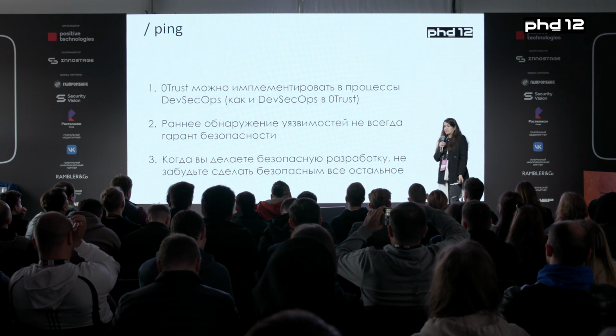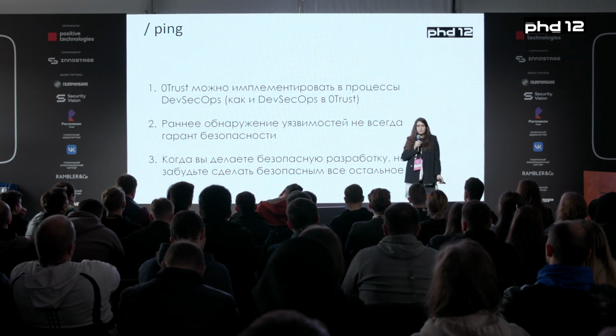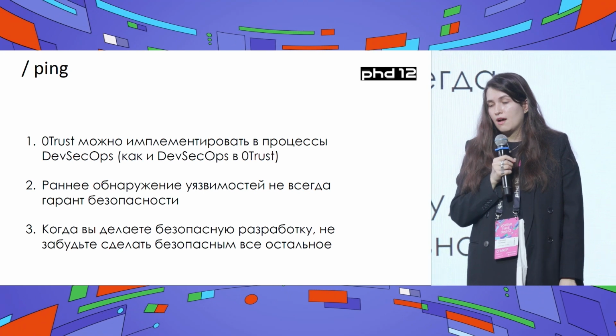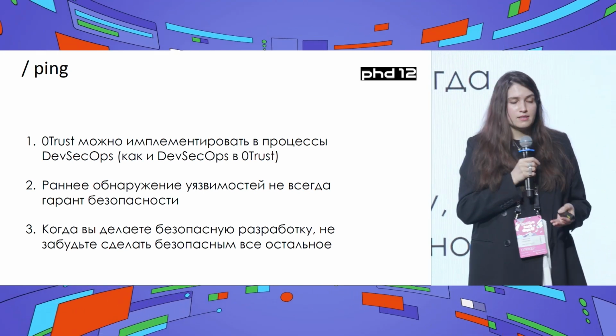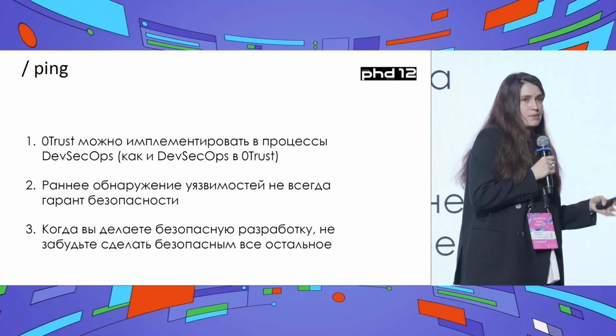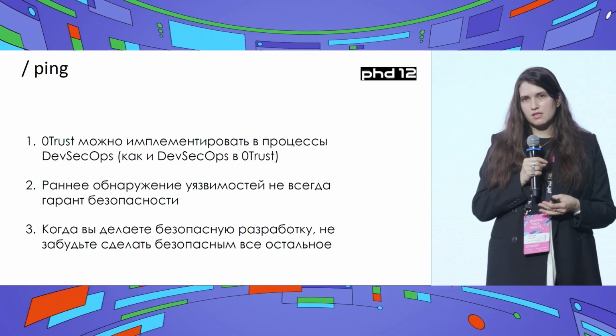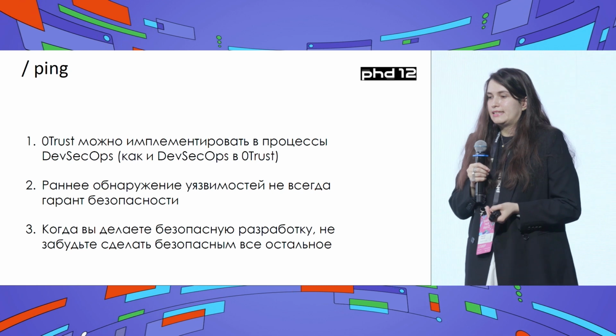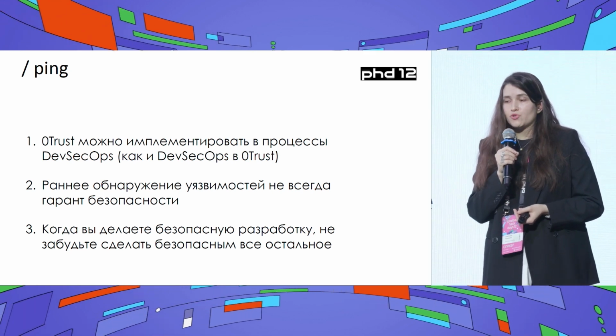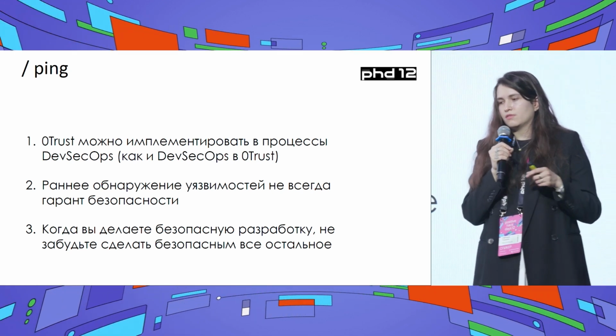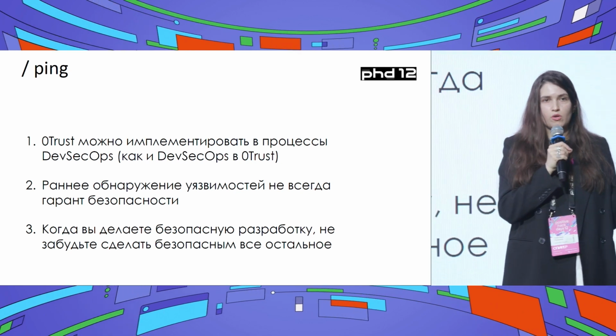So I'm on time. Let me show you the results, the summary. Zero trust as a general concept of security is good if you have the time, if you have the resources and the methodology, and you can implement it all in DevSecOps.